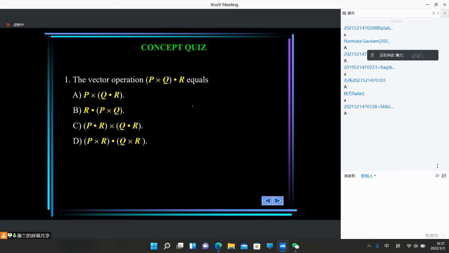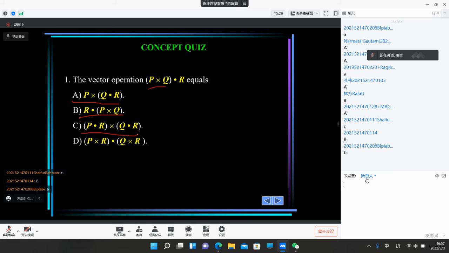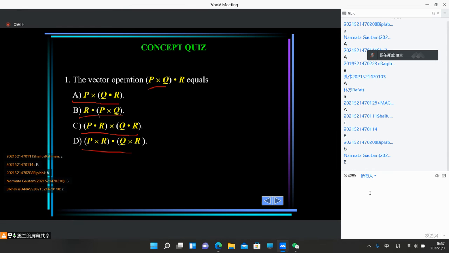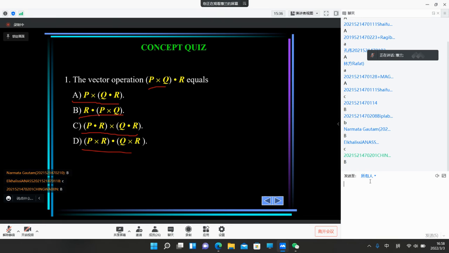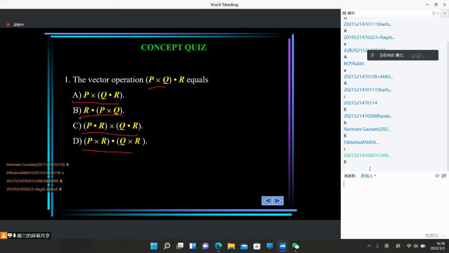The vector operation P cross Q dot R equals which one? C, D, B. The answer should be B. Okay, you're right.